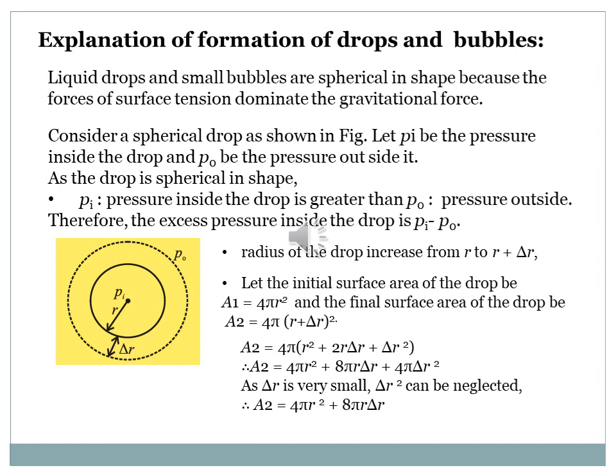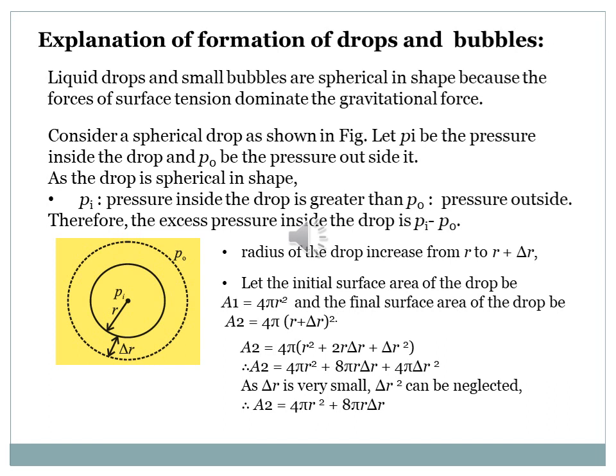We are getting A2 is equal to 4 pi r square plus 8 pi r delta r plus 4 pi delta r square. As you can see, delta r is very small, so you can neglect delta r square. So by neglecting the delta r square term, you are getting A2 as 4 pi r square plus 8 pi r delta r.